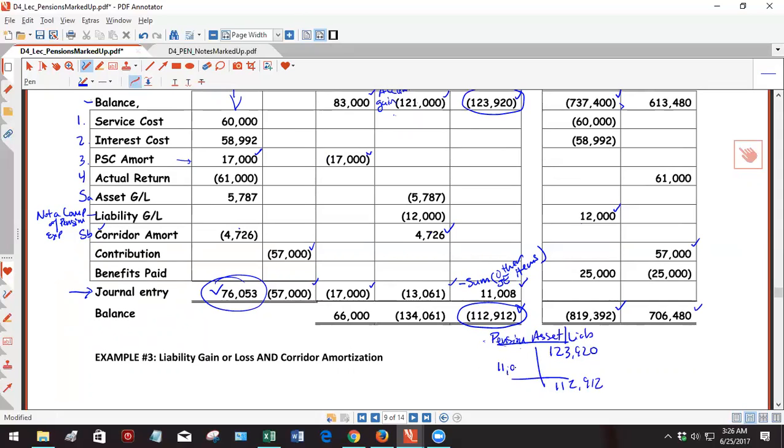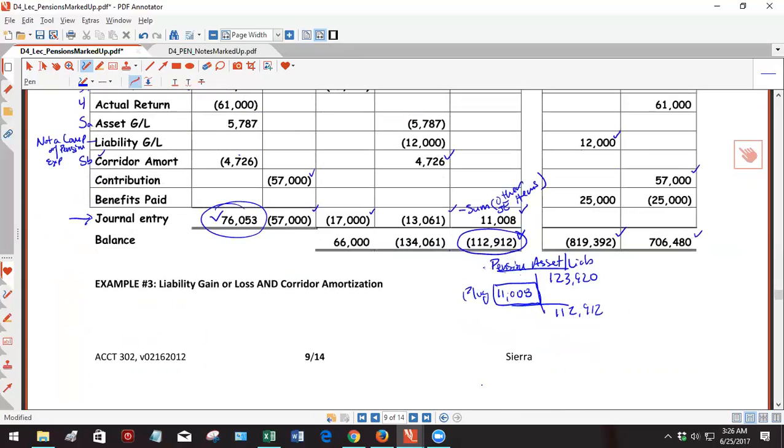So then you could plug 11,008. And the other way to do it, the T account is math, but you ended with a minus 112,912, and you minus a minus 123,920, and that'll equal also 11,008.